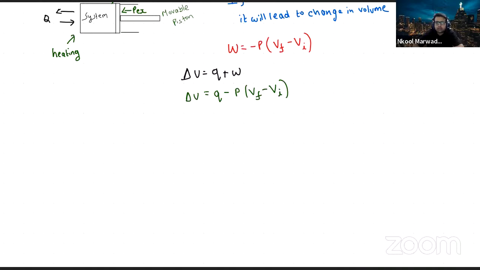Now, what is delta U? Change in internal energy means Uf minus Ui.